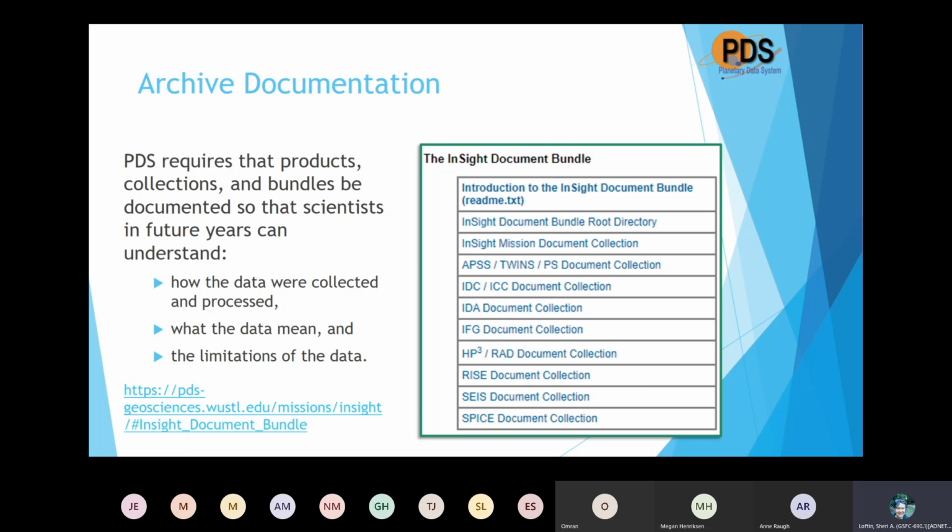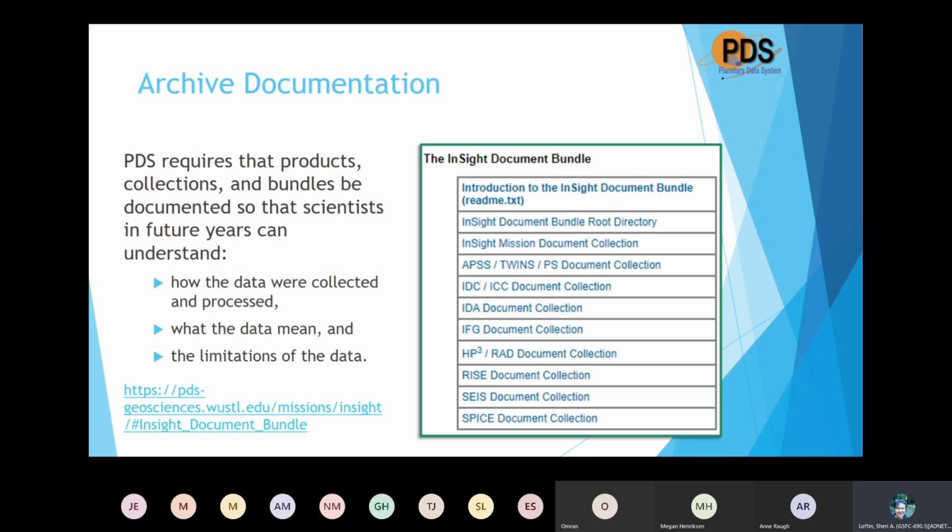We need to know these things, because the scientists in the future may not be able to go back and ask you how the data were collected, how were they processed, what did the data mean, what were your goals, what is this data, and are there any limitations on your data? These are the kind of things that we really need to know. What were you studying?